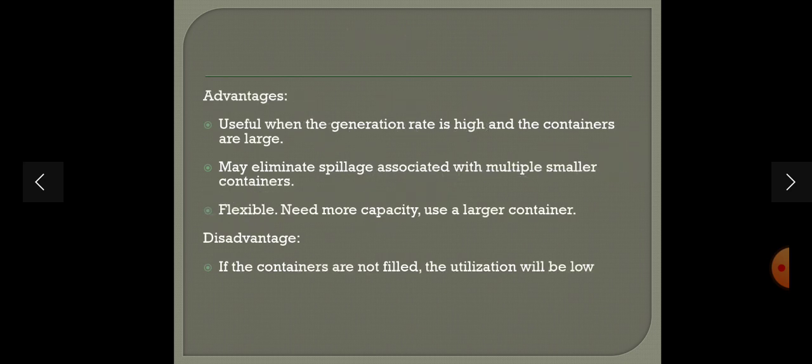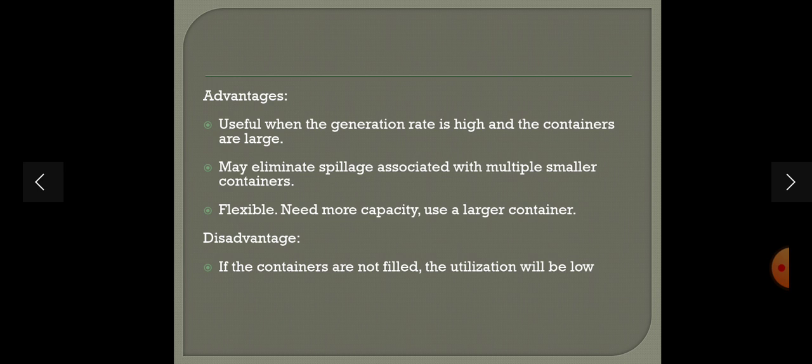And the main advantages of the hauled container system are that, like I told you, it is very useful when the rate of generation of the waste is very high. For example, in the case of a market area, an open market area, we know that the amount of waste generated is very high. So in this case, the hauled container system is more advised. Also, since the containers are very large, they are used for places where the generation rate is very high.